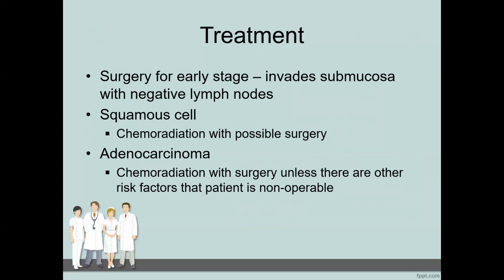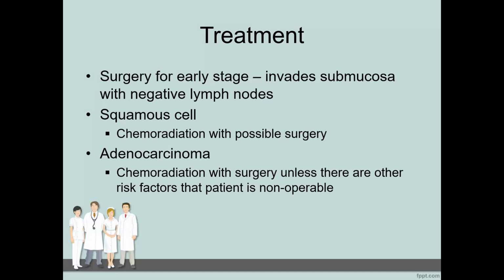And the treatment is a little different depending on the histologic type of cancer. For squamous cell carcinoma, chemoradiation with possible surgery after is usually recommended depending on how well the chemo and radiation worked on the tumor.